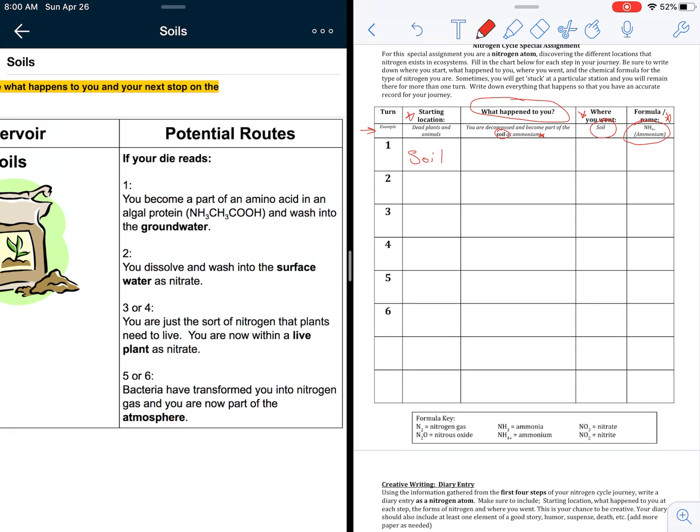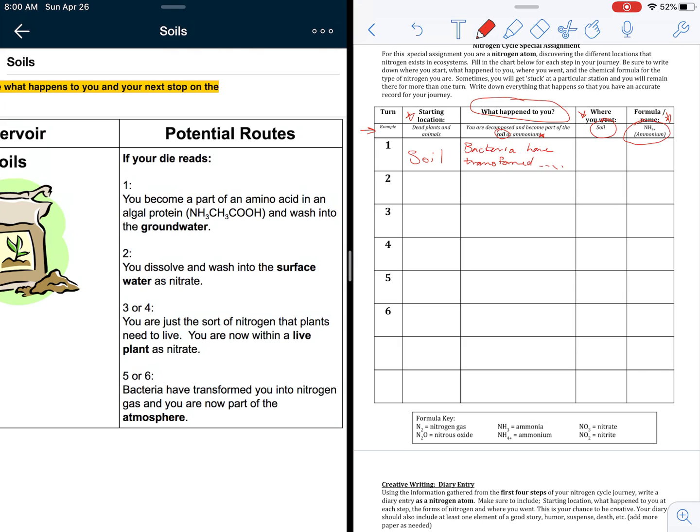Let's say we rolled a 5. I am then going to copy down word for word up here, bacteria have transformed, and all of the rest of the text on the game page, or the card page.